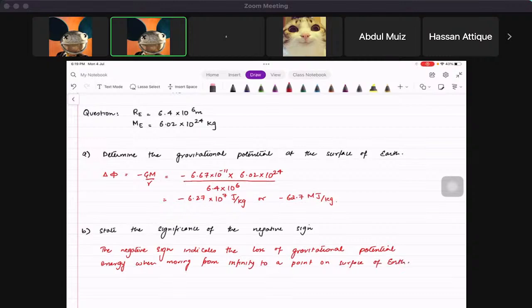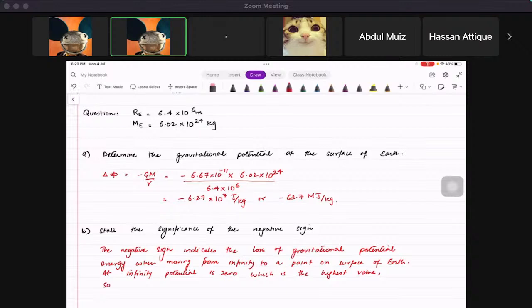And now you should remember that at infinity, potential is 0, which is the highest value.